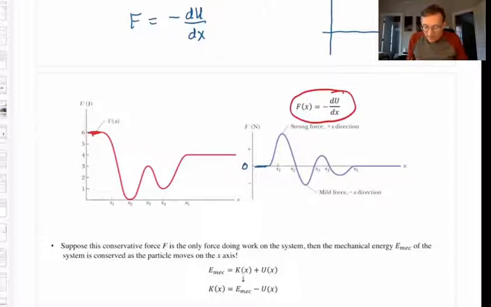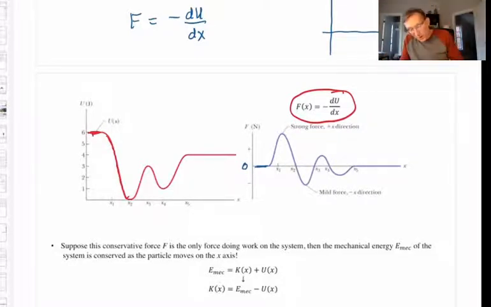Then we go into a region roughly between x1 and x2 where the potential energy curve slopes down. So the tangent line has a negative slope. But the force is the negative of the derivative, so the force value is positive between x1 and x2.